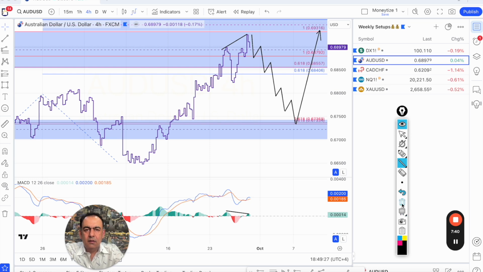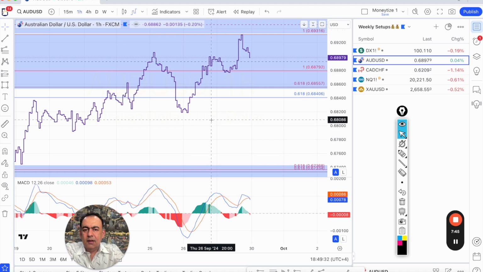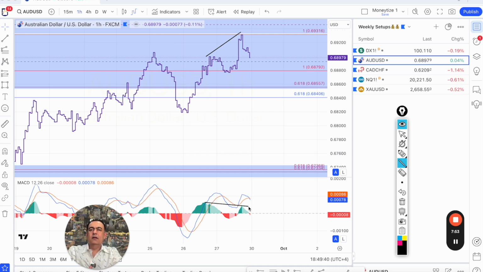next higher level. Now moving to 1 hourly chart, and yes, even on 1 hourly chart, I've found bearish divergence between the last two highs, and as dollar index is at a crucial support level, although it's looking bearish, a correction is possible.